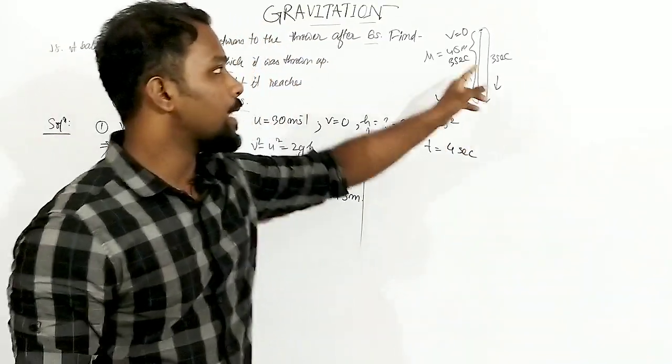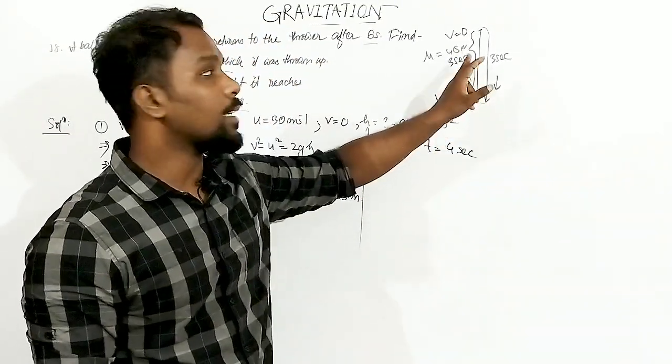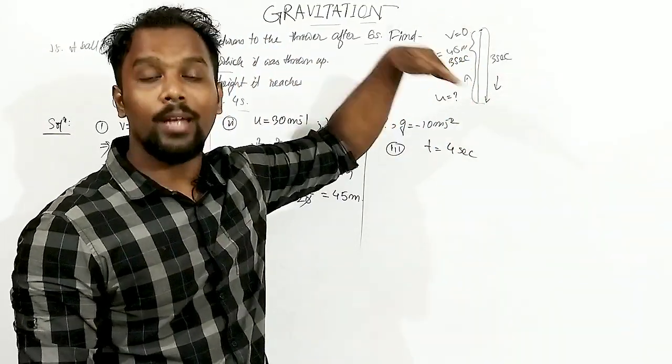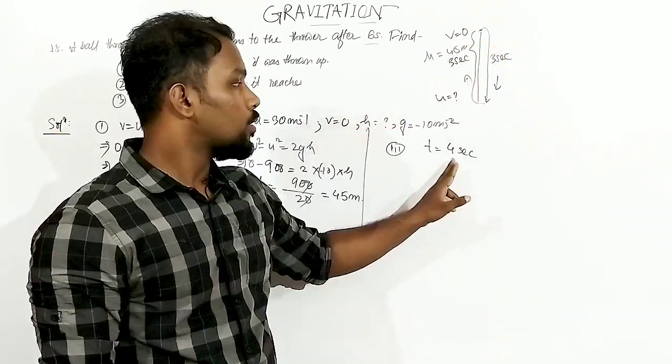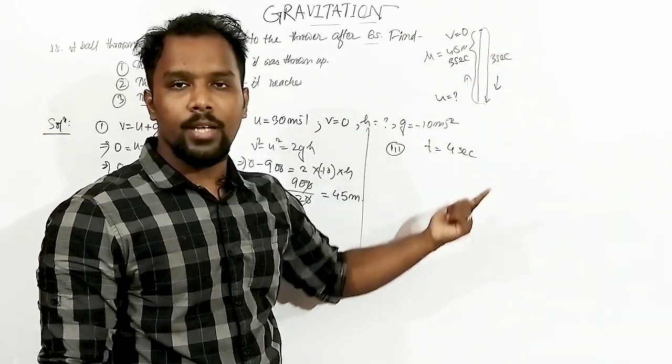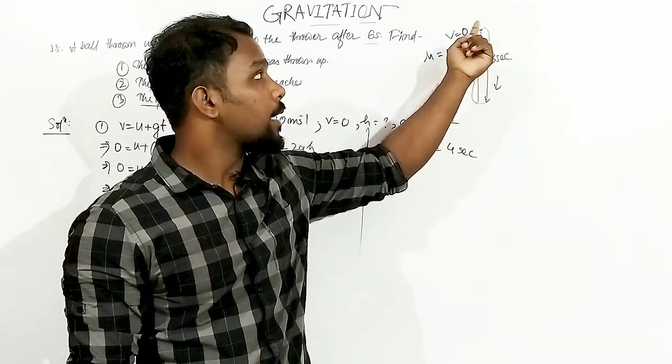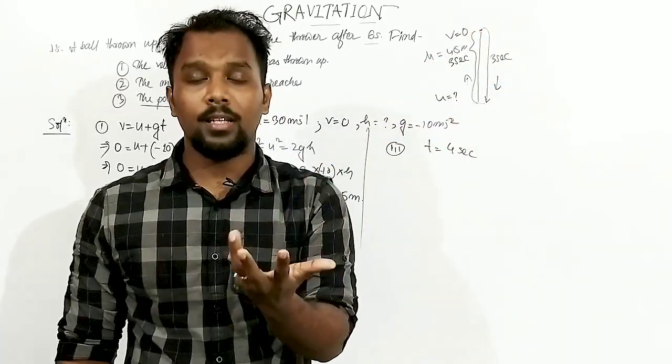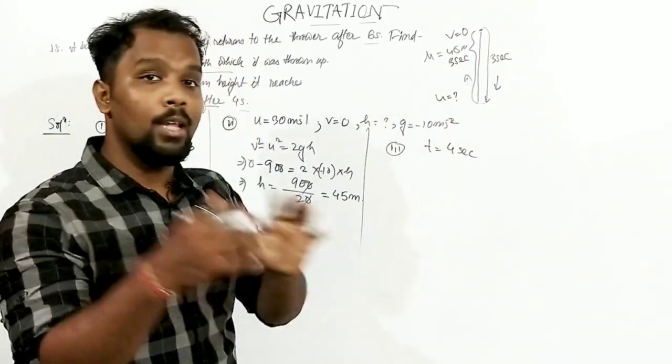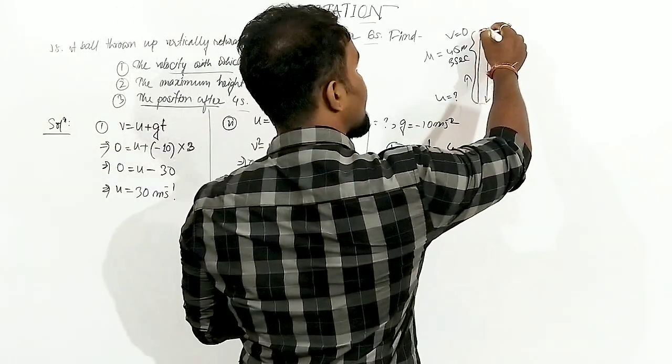We see that the first 3 seconds are needed to move upward and attain the maximum height. So of that 4 seconds, 3 seconds will be used to attain that maximum height. So what is the time actually left? 1 second. In that 1 second it will start falling.